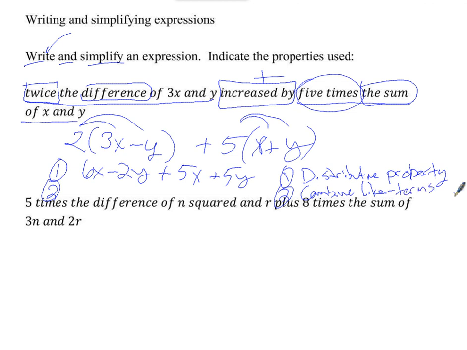Like terms is kind of like one word, so you put a hyphen in there. All right, do we have any like terms to combine? Yeah, what do we get? 6x and 5x combined to give me 11x, and then I have negative 2y plus 5y.